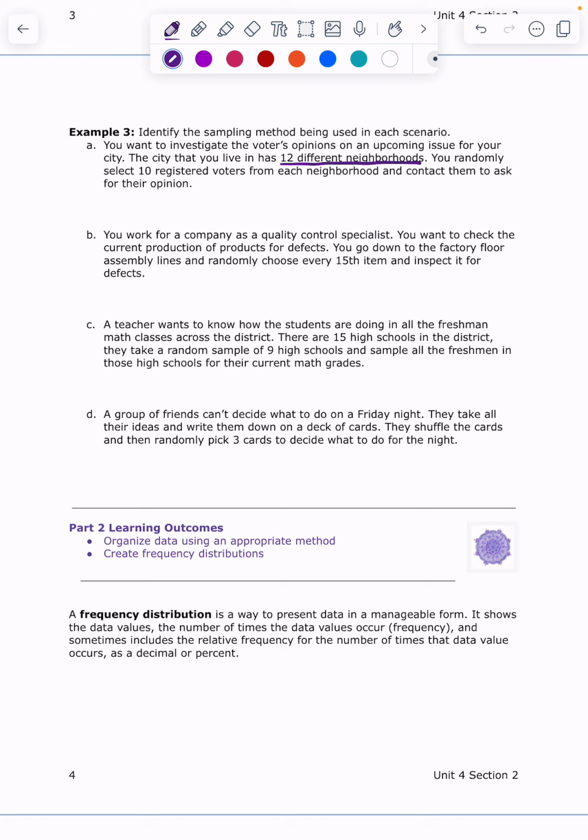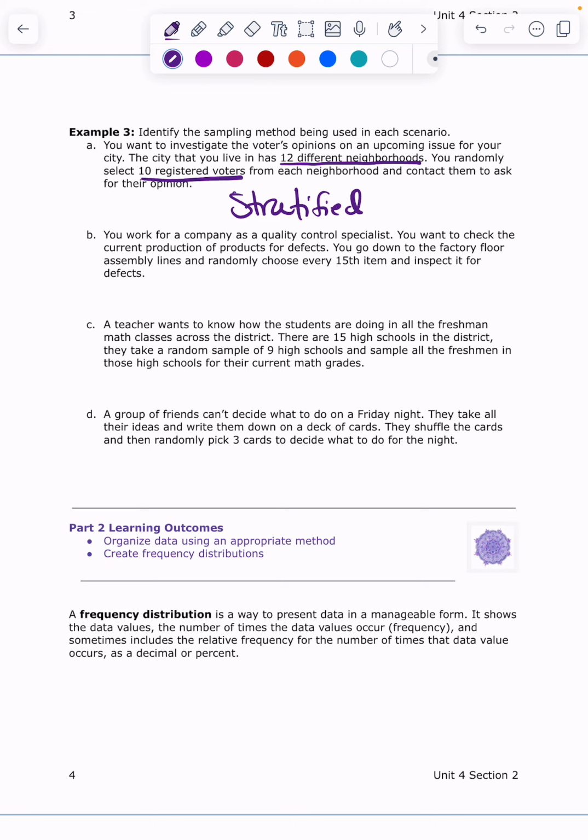I wouldn't say that those are homogeneous, but maybe you just consider everybody who lives in the neighborhood the same. Anyway, you randomly select 10 registered voters from each neighborhood and contact them to ask for their opinions. So even though these aren't really what I would consider homogeneous, you're only picking 10 voters from each one. So that screams to me stratified. If it were cluster sampling, you would be randomly selecting the whole neighborhood.